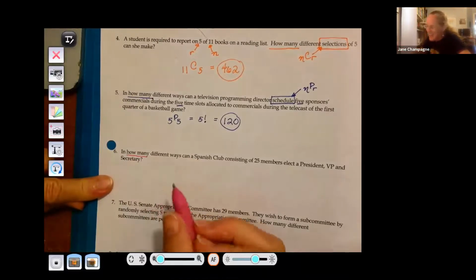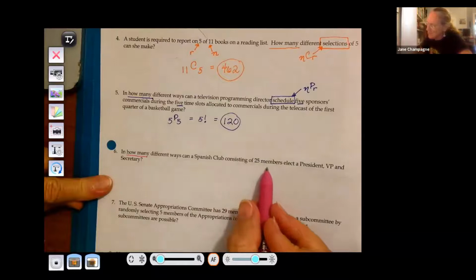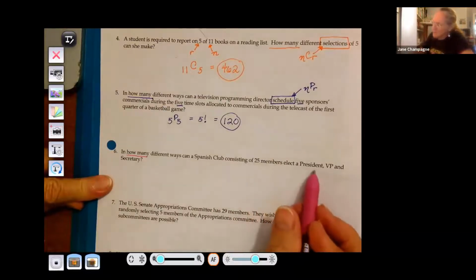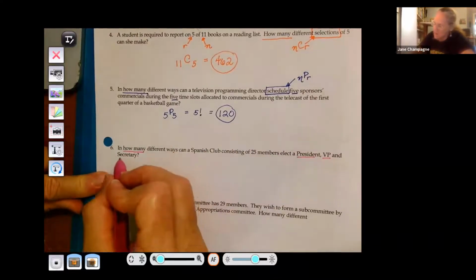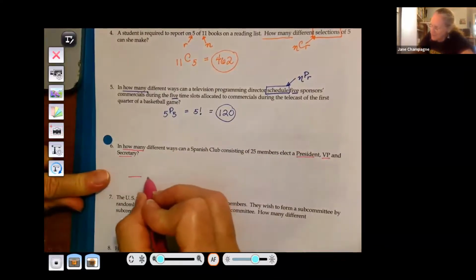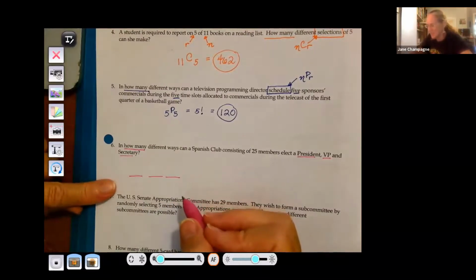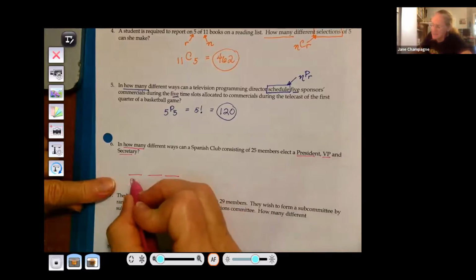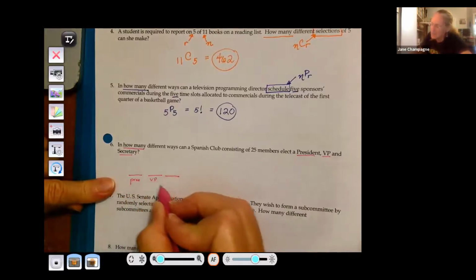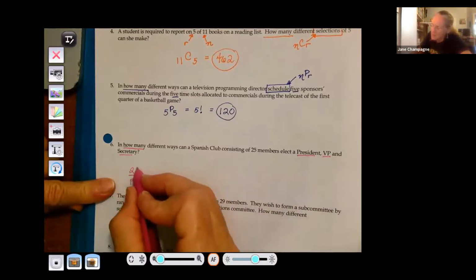How many different ways can a Spanish club consisting of 25 members elect a president, vice president, and secretary? Okay, here's where there's obviously these positions, right? In fact, I would tend to use just the fundamental counting rule for this one. We've got these 3 positions, and we've got 25 choices for who's president.